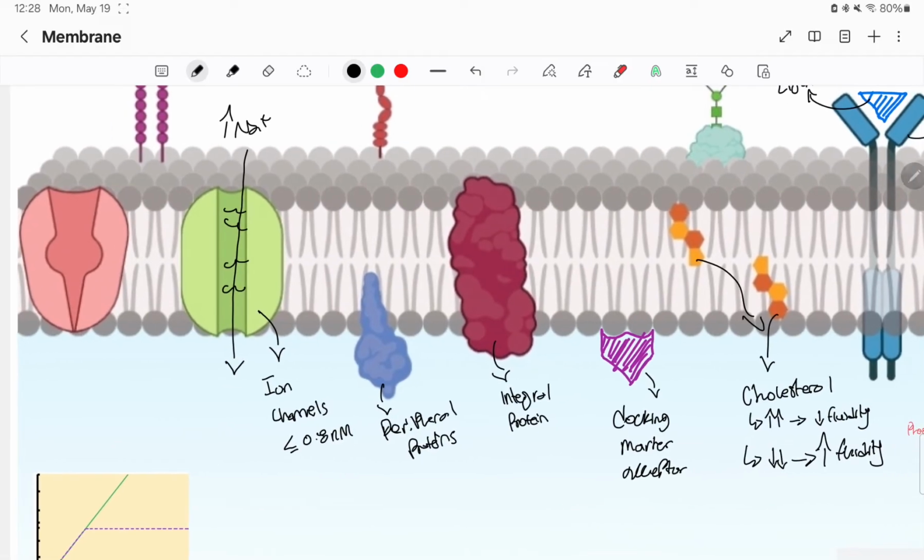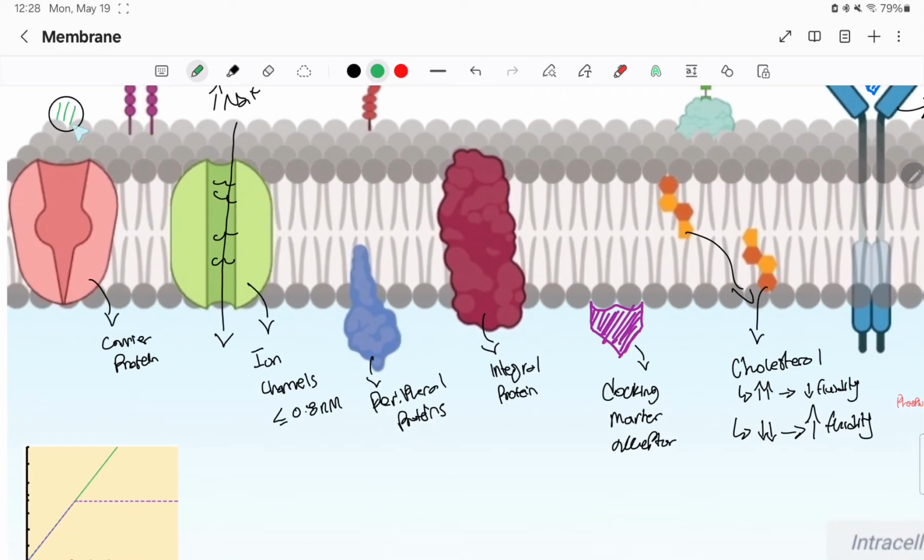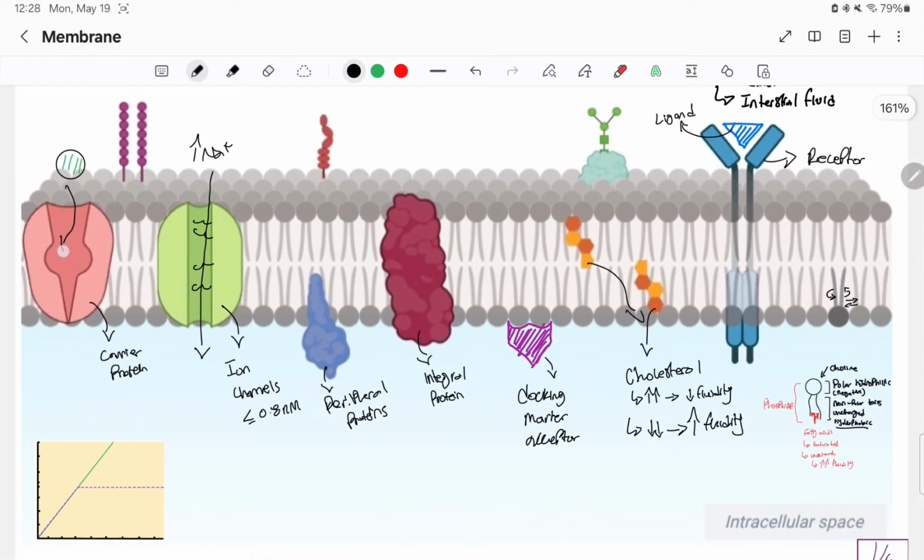This is very different from this other molecule called a carrier protein, okay? This carrier protein is supposed to transport a very specific substance. So let's take our favorite molecule that we use for energy, glucose. This glucose will have to come and bind into this circular pocket, and as soon as it binds here, this carrier protein will change its shape.